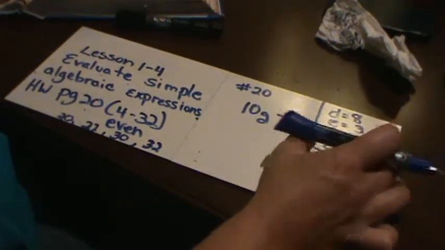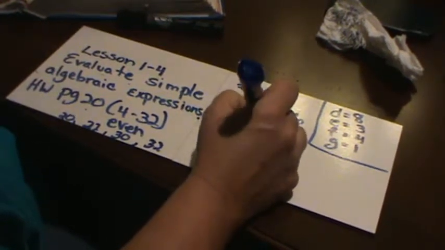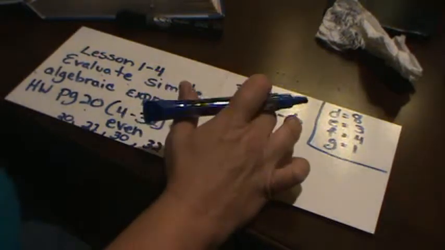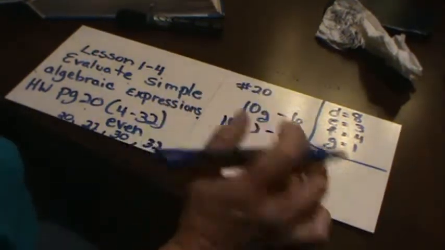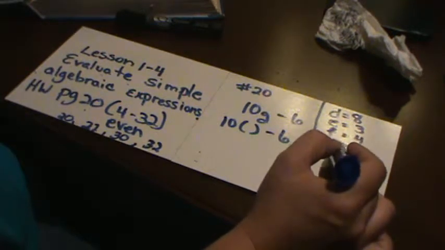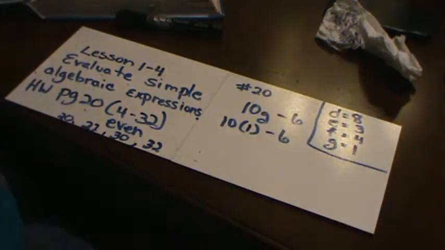So this is my outlet, and this is what I'm going to use to plug into the outlet. So I like to put a parenthesis for what I'm going to plug in. The 10 and the g beside each other means 10 times g. So I look over here and I find that g has a value of 1. So that's what I'm going to plug in.